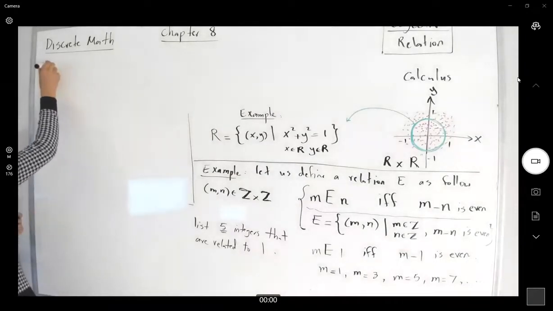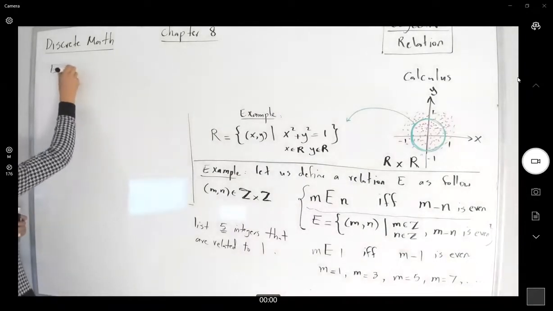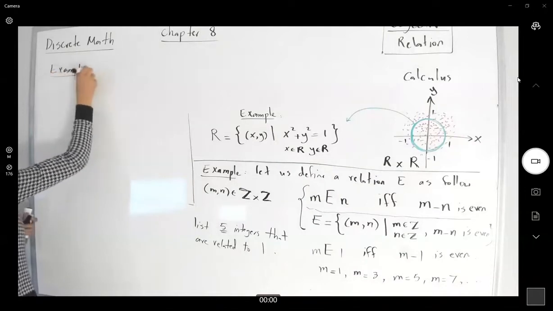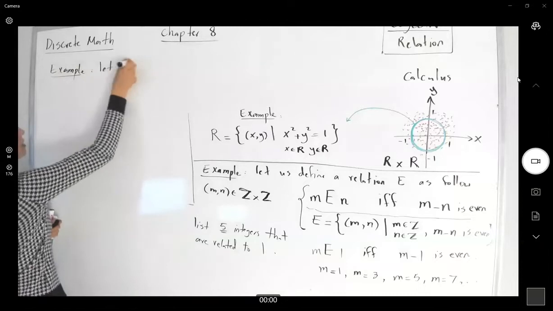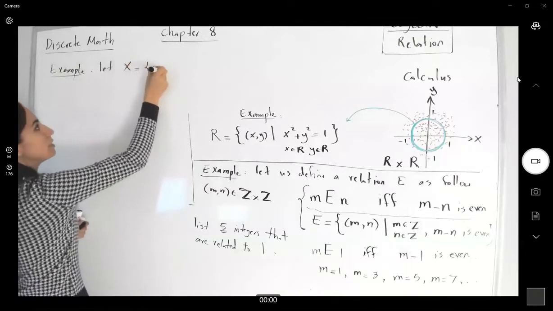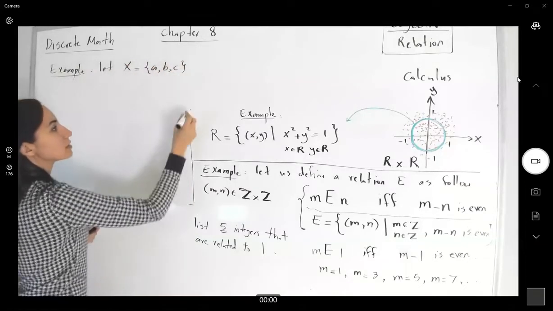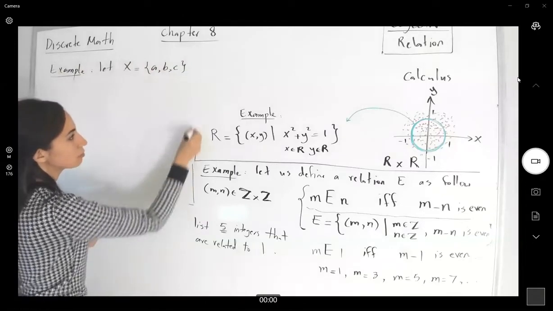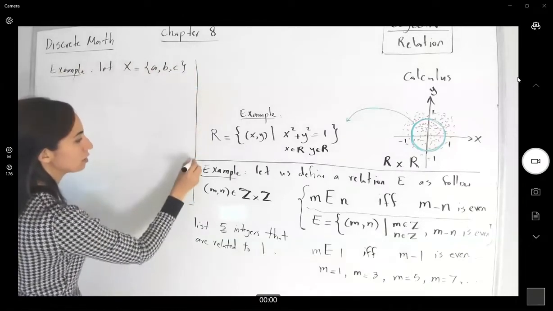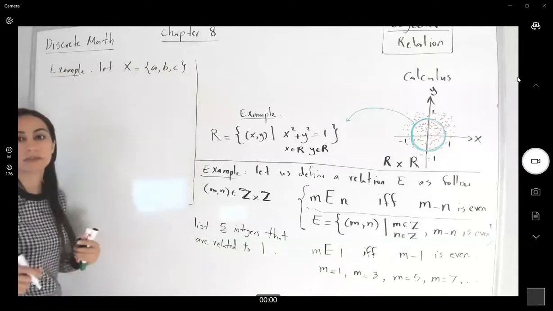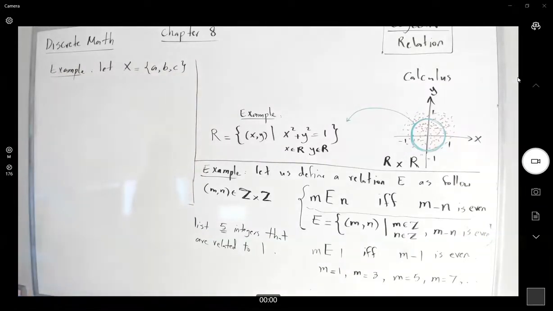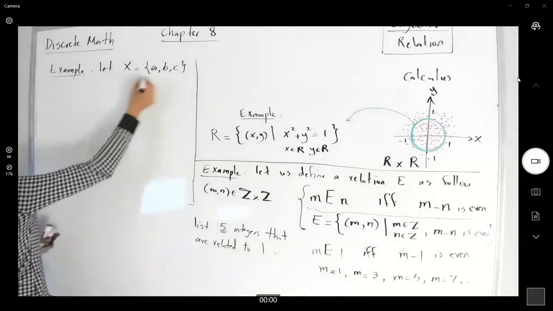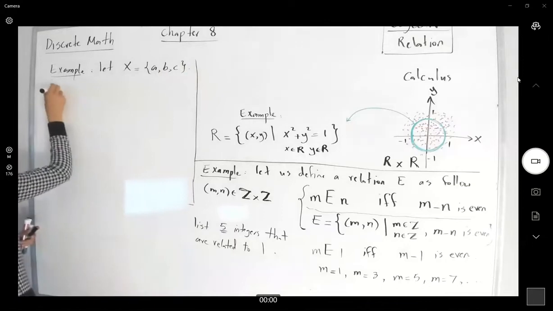This example says, well, let X be the set including A, B, and C. It means that the cardinality of this set is equal to 3. It also says define a relation.